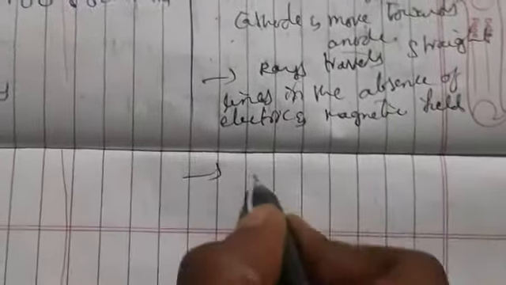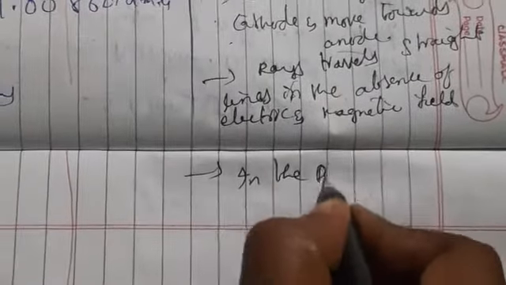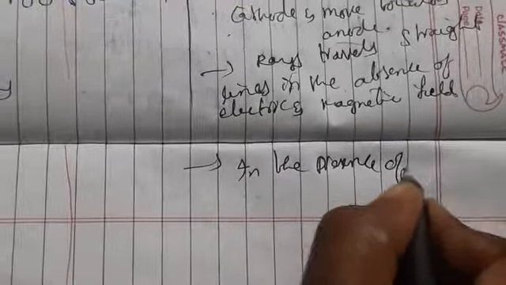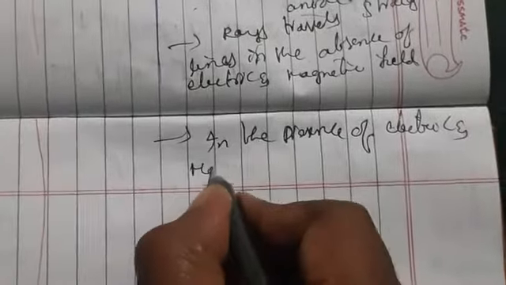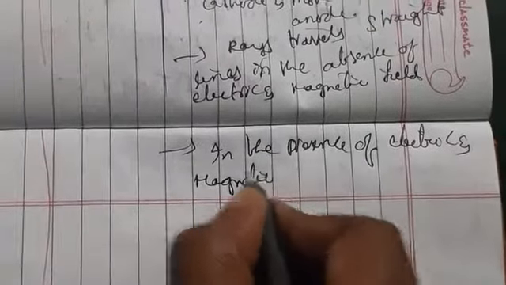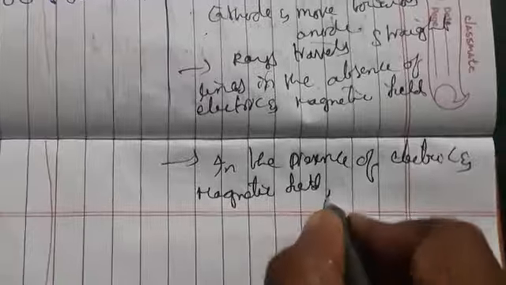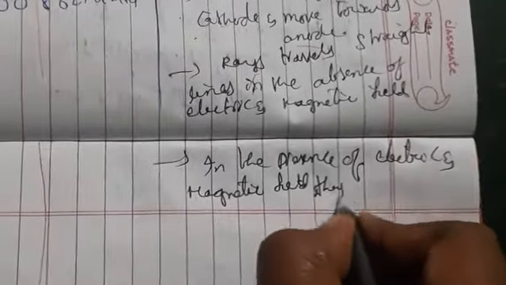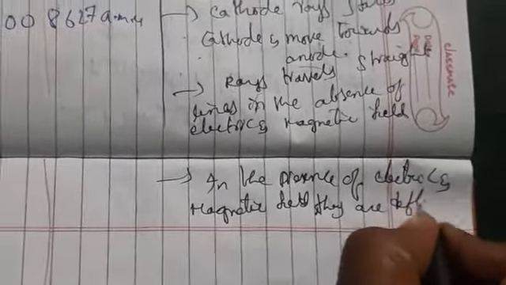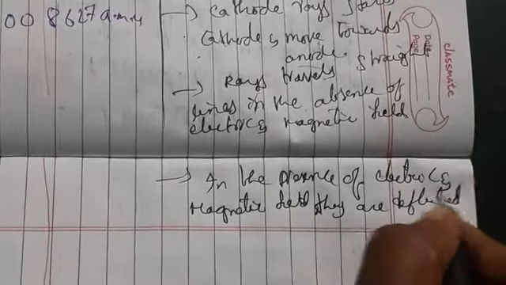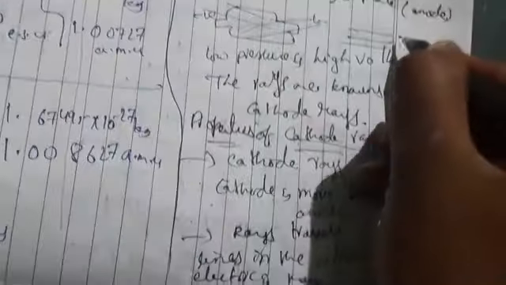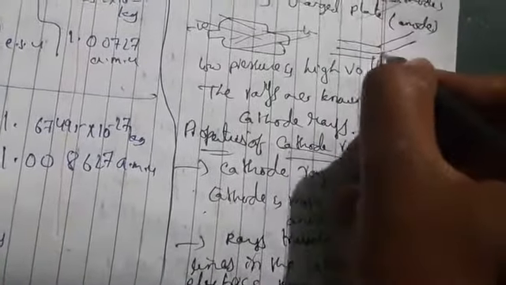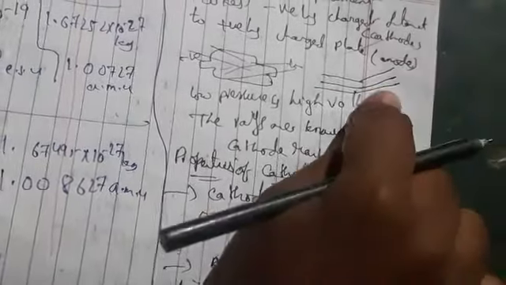So in the presence of electric and magnetic fields, they are deflected, meaning they are bending. They move like this, so they are deflected automatically.